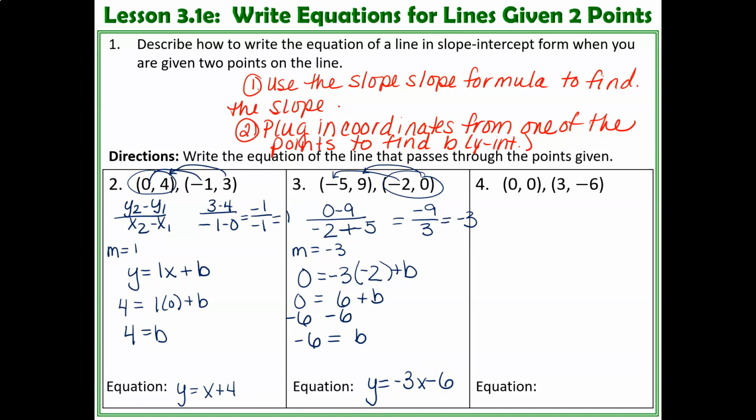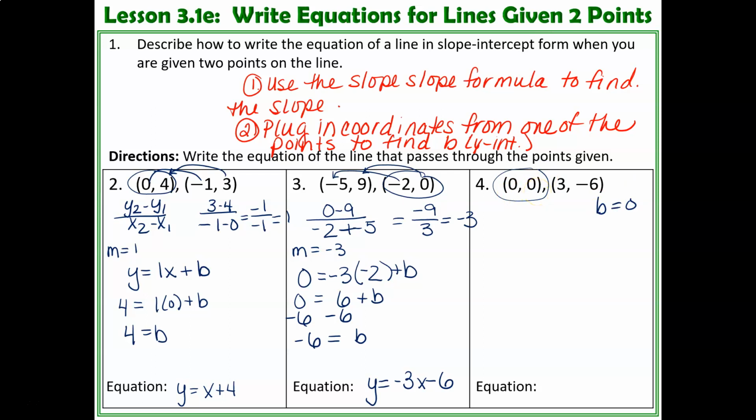All right, so number 4 is interesting because remember where we have x is 0, and we really could have done this for number 2, where x is 0, the y-coordinate is your y-intercept. So we really didn't need to go through all these steps for number 2. Same for number 4. We know that your b is 0, because if you have a 0 for x, the y-coordinate is your y-intercept.